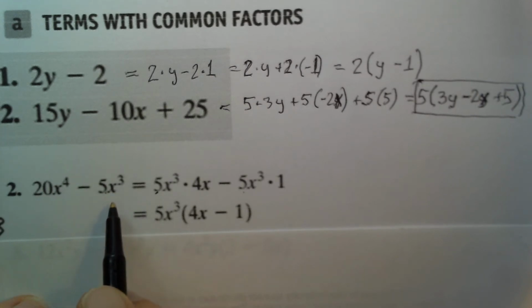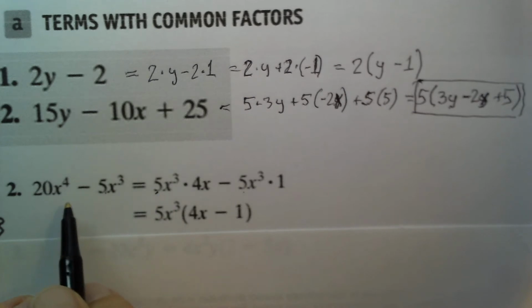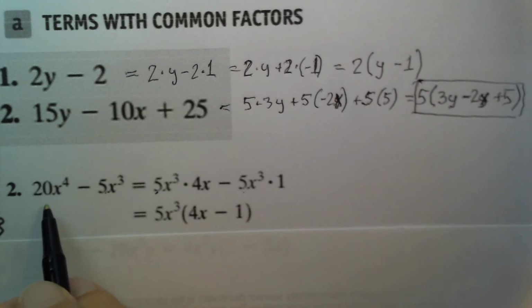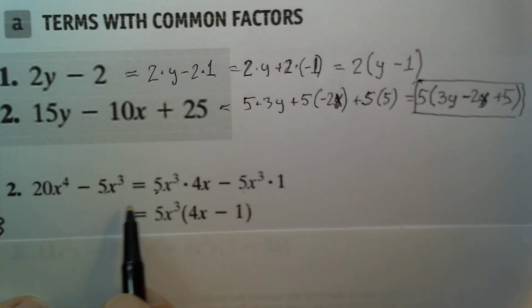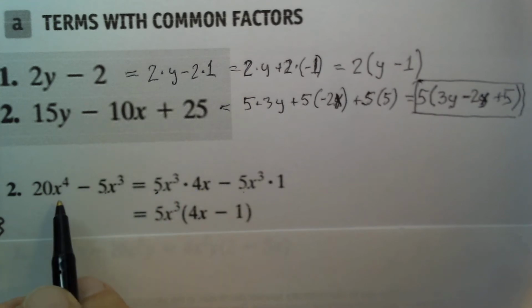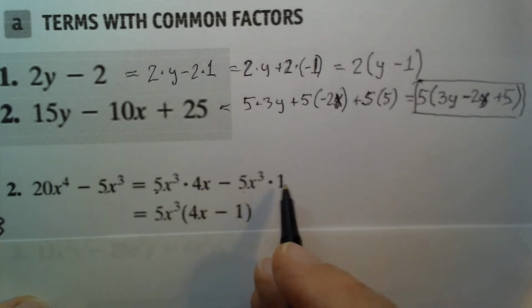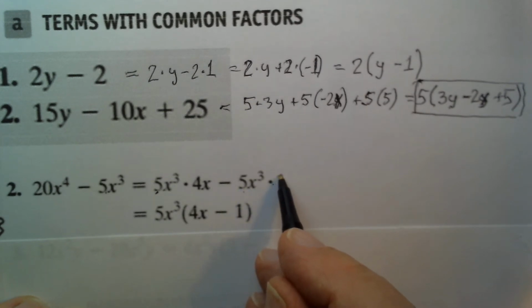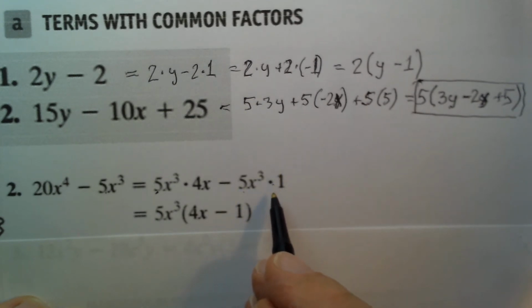So this then becomes 5x to the third, and times 4x, that would give us a 20x to the fourth, right? 5 times 4 is 20, and x to the third times x is x to the fourth. And then minus 5x to the third times 1. So we need the 1 here as a placeholder for sure.